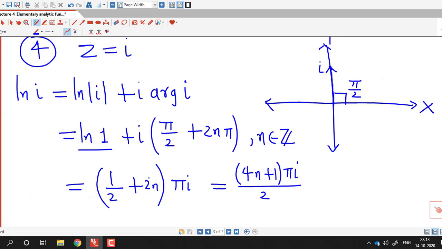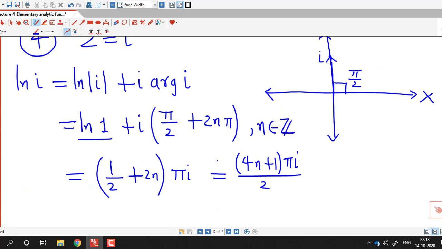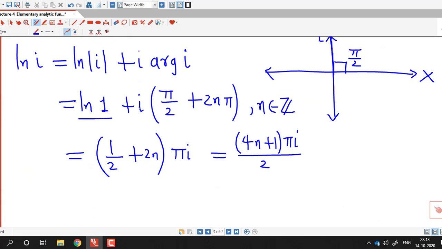And for the principal logarithm we will just replace the small arg by capital Arg, and this notation is capital L, keep in mind, for the principal logarithm. So the log of the absolute value of i plus i into the principal argument of i.